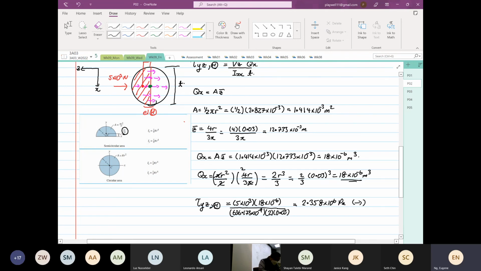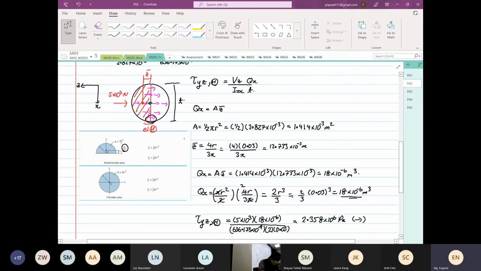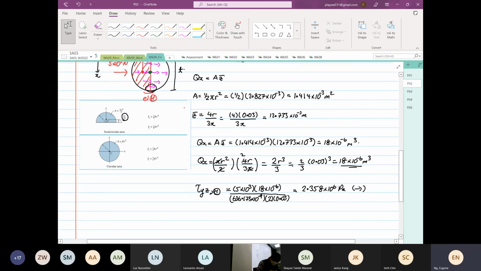We are going to follow the shear flow. It's going towards the right. Yep, 2.358. So the first one we calculated is due to Vz.